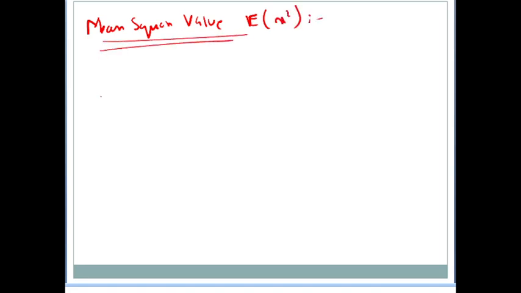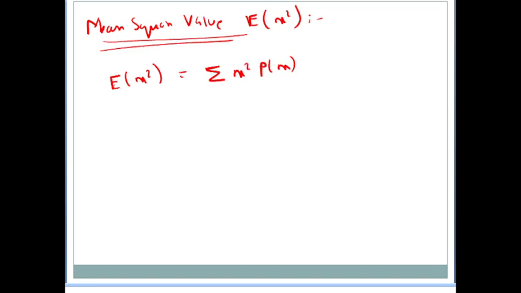Now let's study the mean square value. The mean square value will be E of x square, which is the summation of x square into p of x.